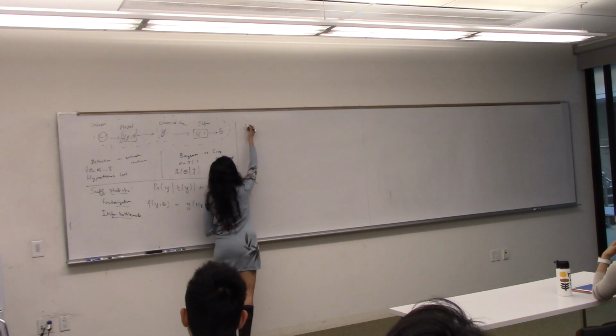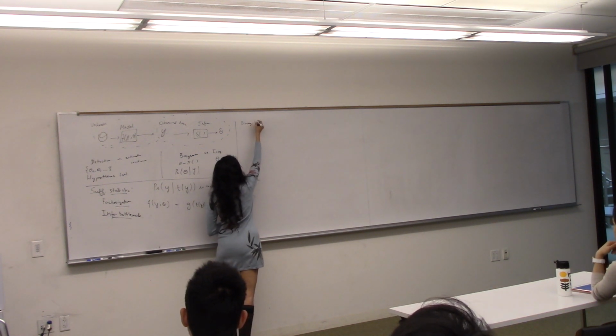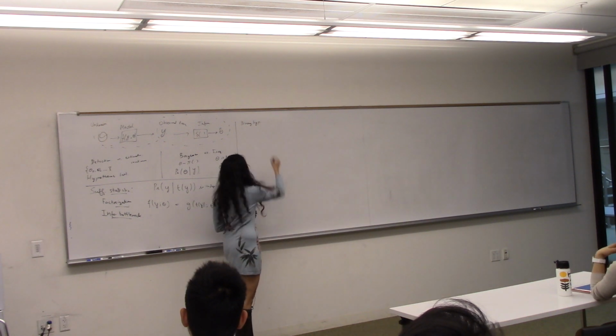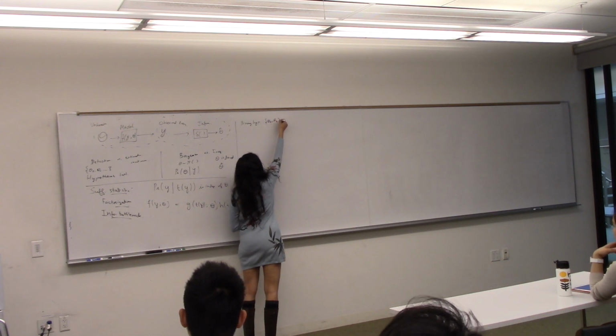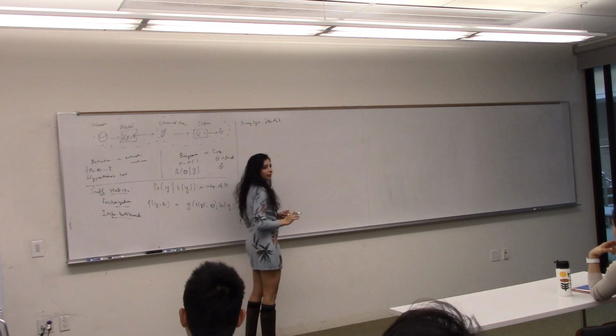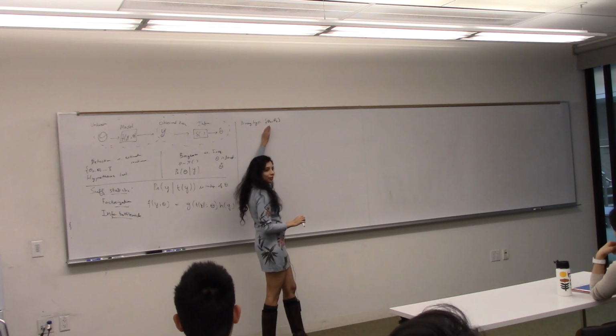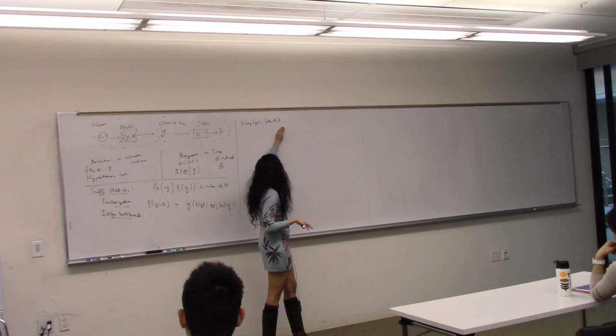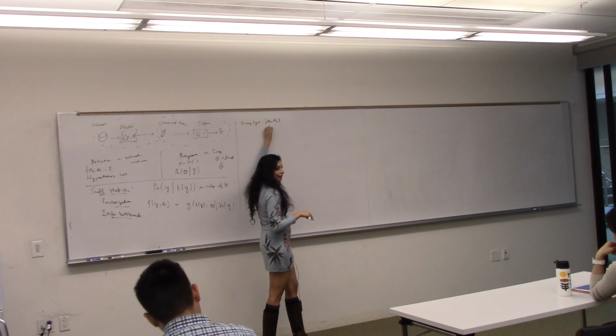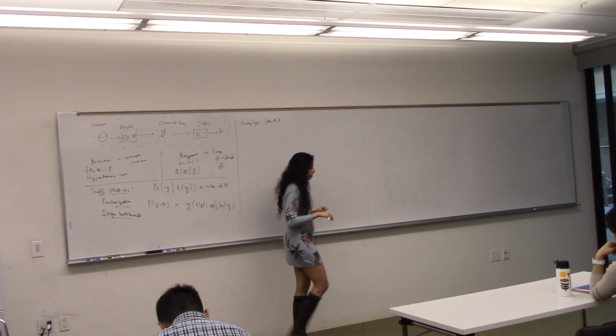When it was binary hypothesis, do you recall what was the sufficient statistic? From now on, we'll use the notation theta naught for null hypothesis, theta 1 for alternate hypothesis. These are the two possible values theta can take.